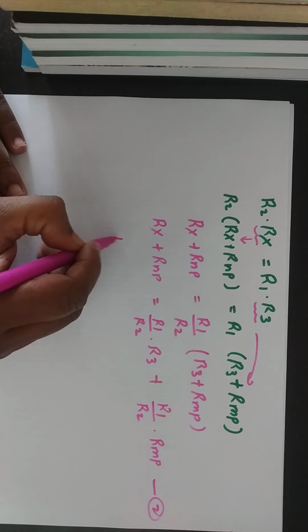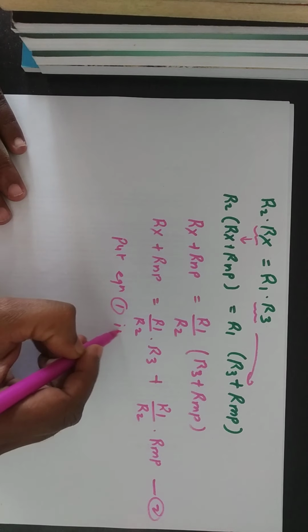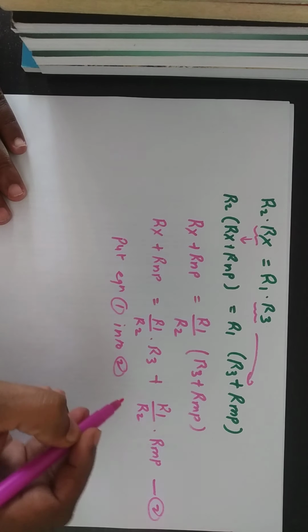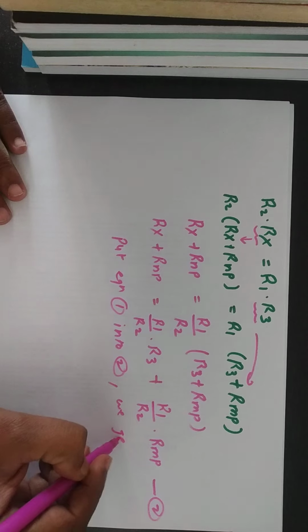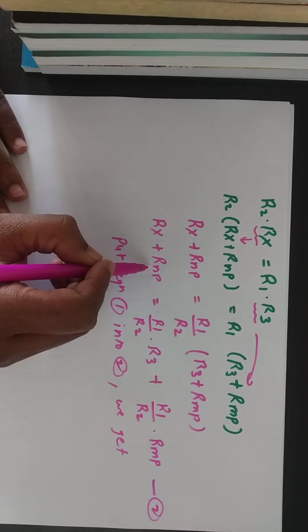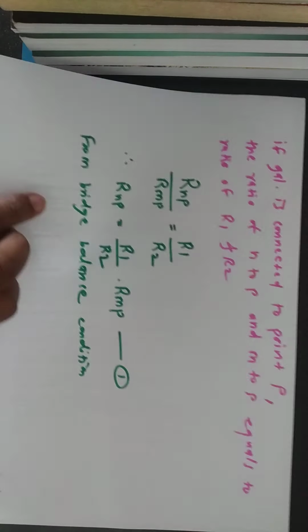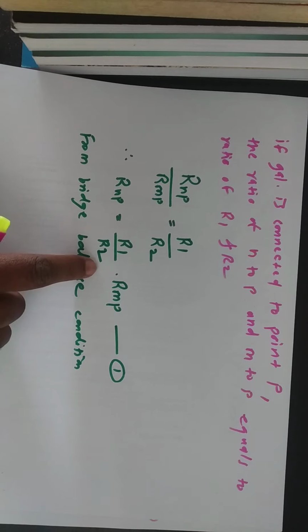And if you put equation 1 into equation 2, then what we get? Initially we have solved this for RNP, that is RNP is equal to R1 divided by R2 into RMP.